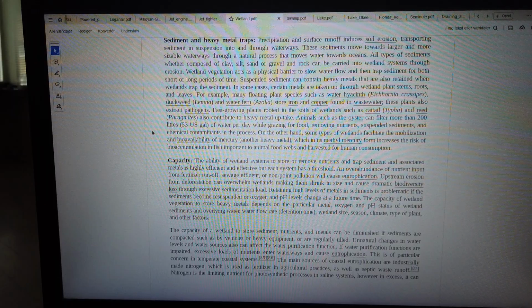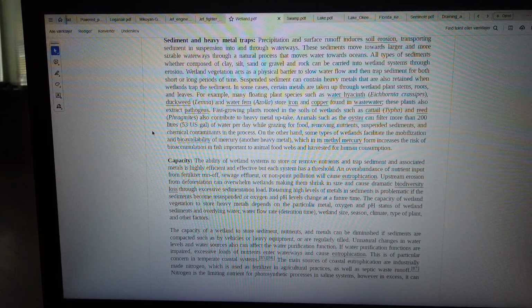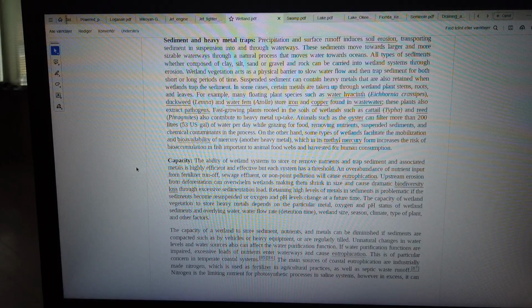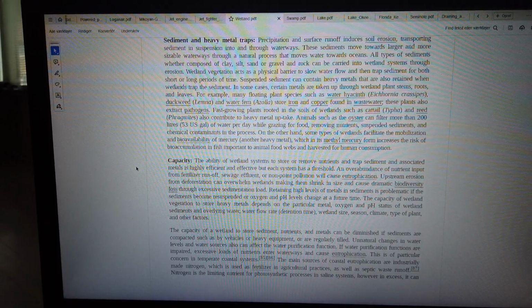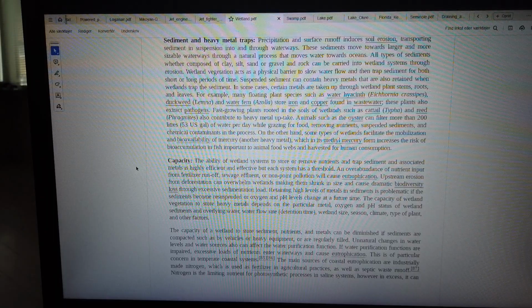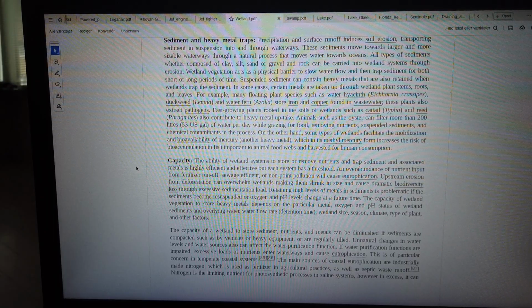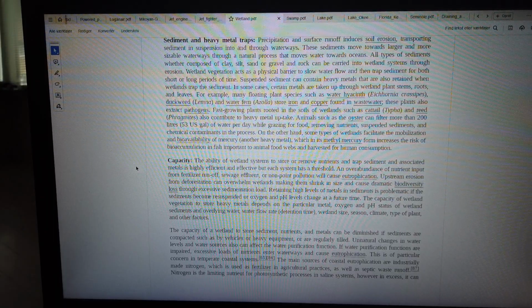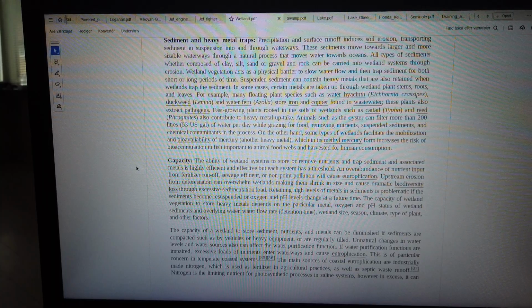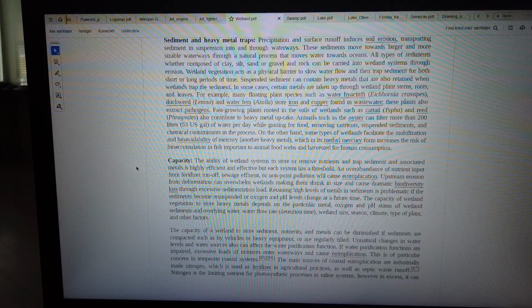An overabundance of nutrient input from fertilizer runoff, sewage effluent, or non-point pollution will cause eutrophication. Upstream erosion from deforestation can overwhelm wetlands, making them shrink in size and cause dramatic biodiversity loss through excessive sedimentation load.